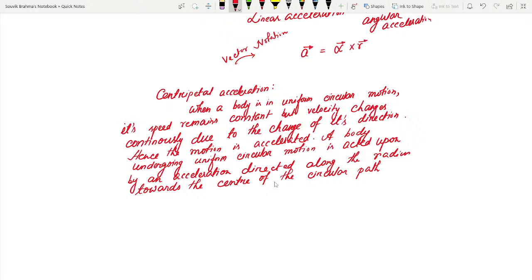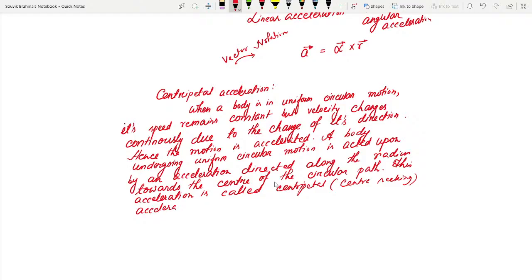Now this acceleration is called centripetal, or center seeking, centripetal towards the center, acceleration.